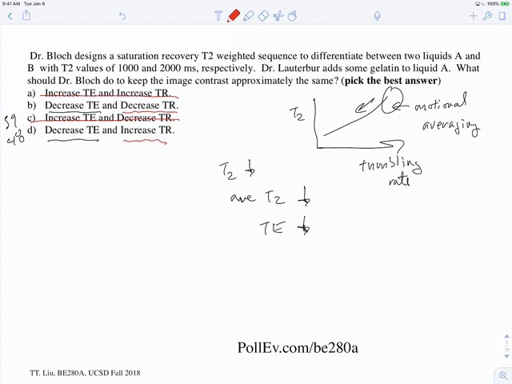Yeah, we might introduce some T1 weighting, right? So that's probably not good, because it doesn't say how much we're going to decrease the TR. If we could decrease the TR a lot, then it's obviously going to introduce some T1 weighting, right? So the correct answer then is D. Okay. Any questions on that? Okay.